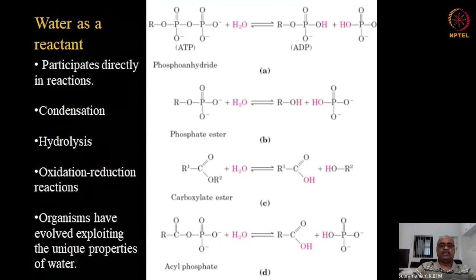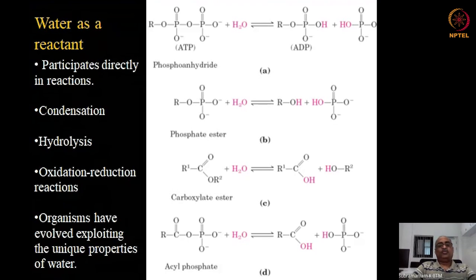As a result, they are less dense than the liquid water, and the ice floats on the surface, and that acts as an insulation and protects the living beings at the depth of the water bodies. So like this, in many different ways, organisms have adapted themselves to these unique features of water.